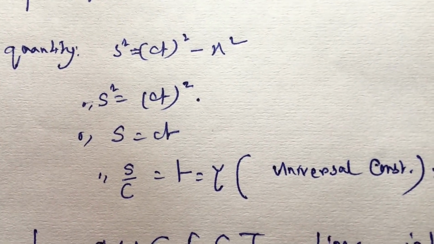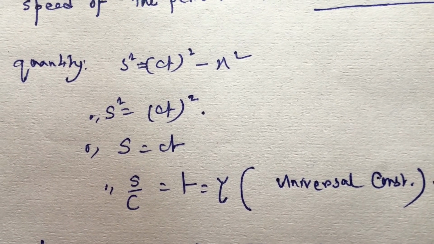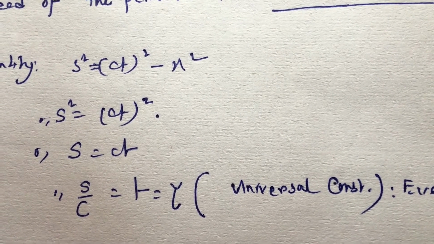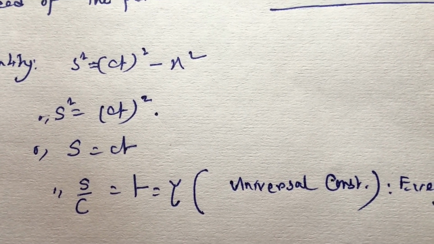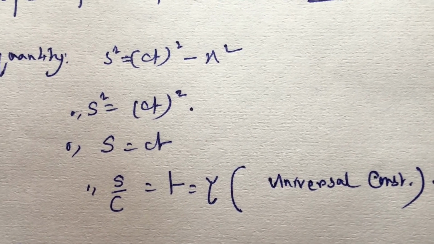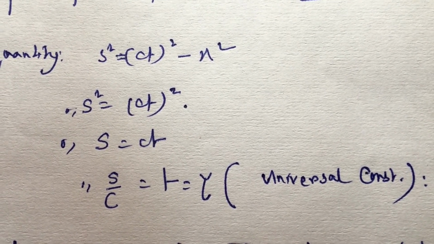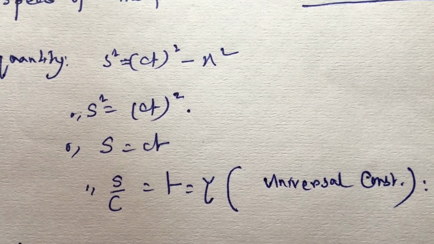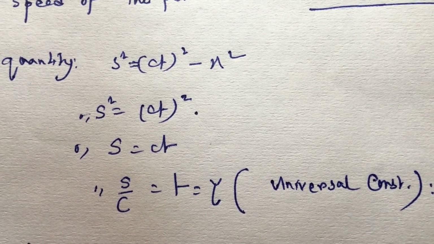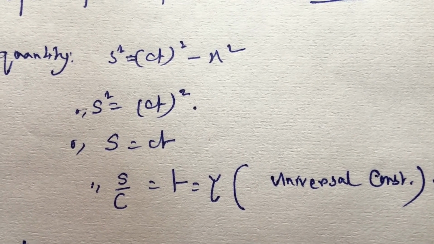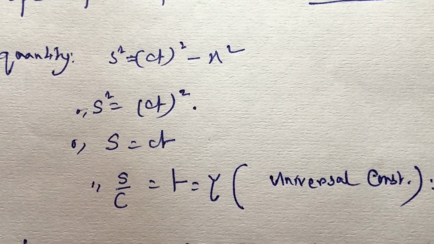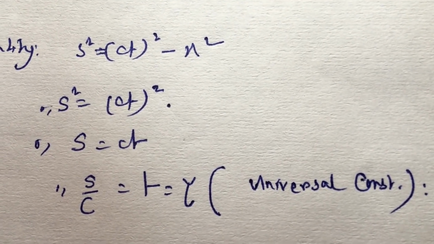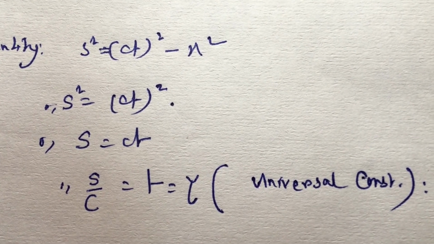s by c, that is distance by velocity, is time. We call this tau because this has a special significance. This is a universal constant. Everybody will measure this tau the same, because as s squared is an independent quantity, s is also an invariant quantity irrespective of the reference frame. So s by c is also invariant irrespective of the reference frame.